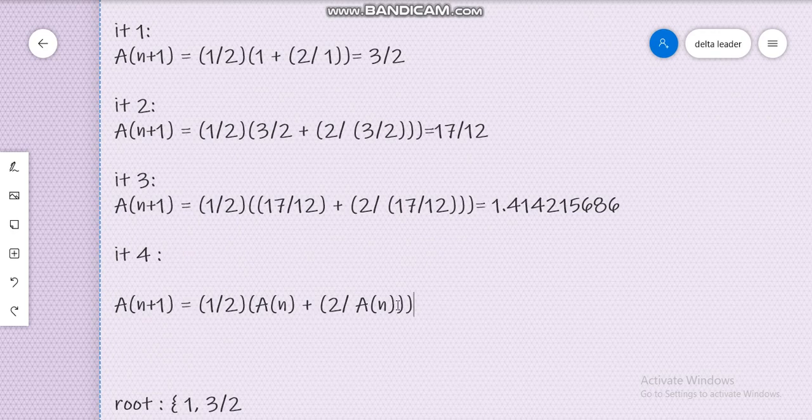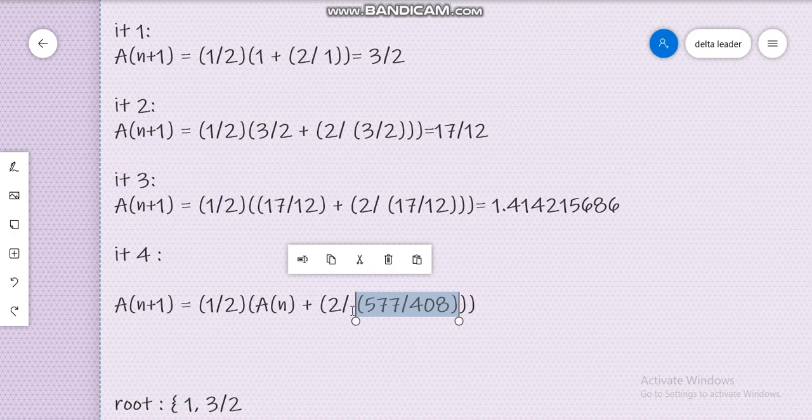As always, instead of a_n, we put the previous value, over 480, and then I copy this here.